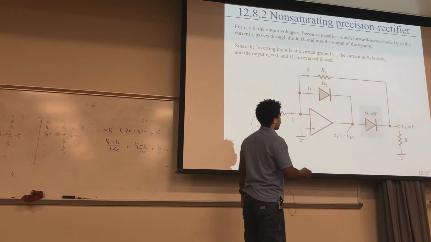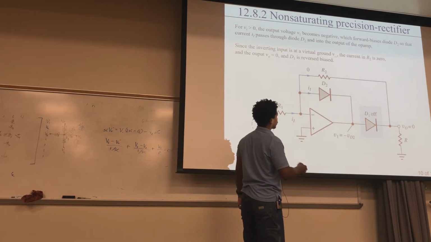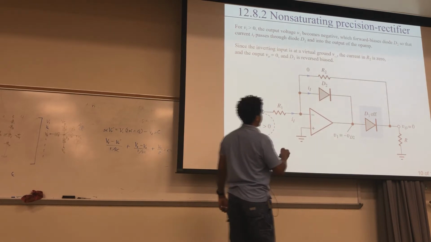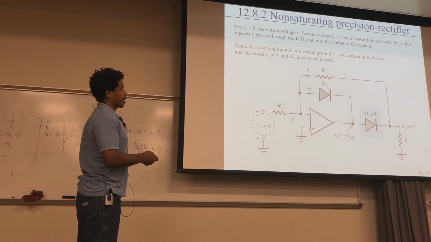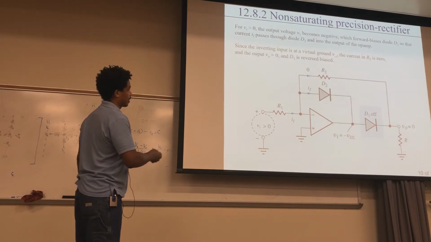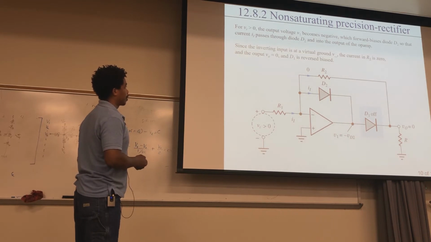And this over here, if this is off right here, there's no current, so this is going to be 0 volts. So there's no current passing this direction, okay? And so this voltage right here is the same as this voltage right there. So that's 0 volts. So that's if it's forward biased, if this is a positive input.